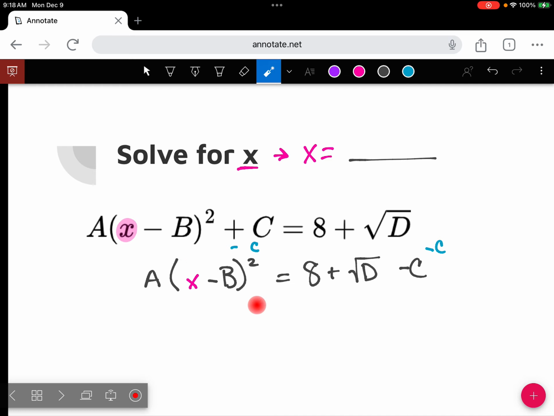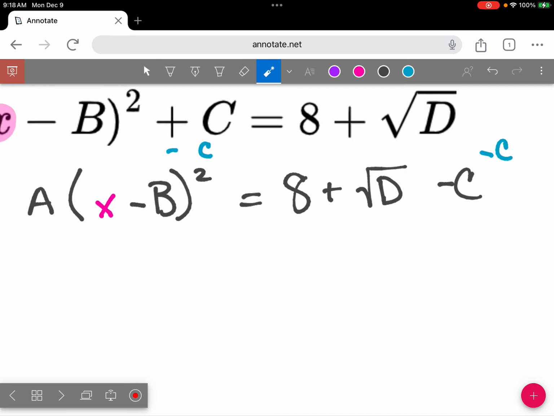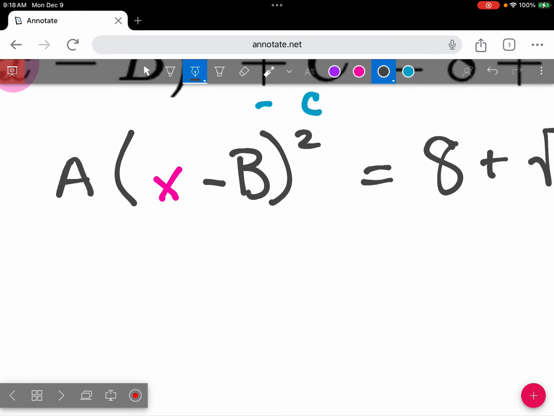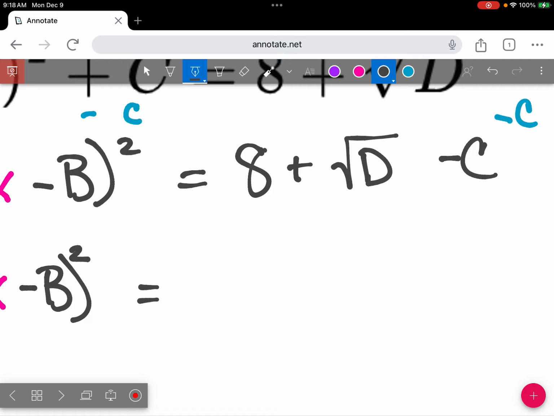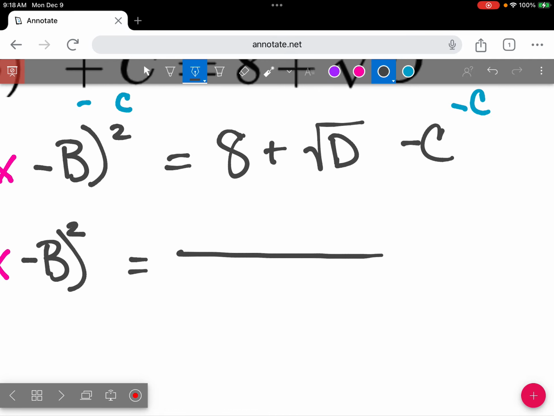What do we need to do to get x by itself here? Divide by a. So that's going to give us our x minus b squared equals the fraction of 8 plus the square root of d minus c all over a.